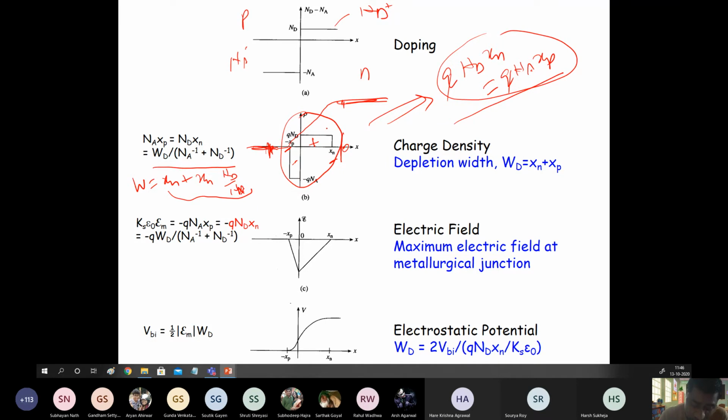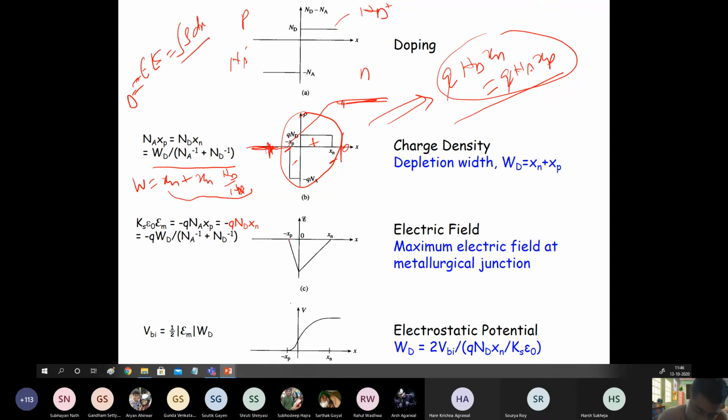Once you know the charge, you can also calculate the field. Epsilon E is basically the D, and D is equal to the integral of rho dx.